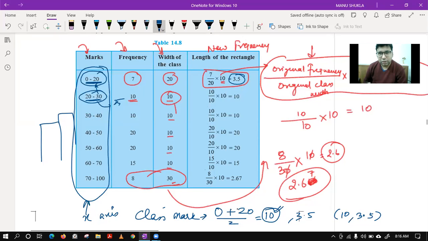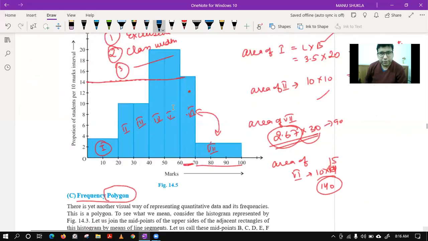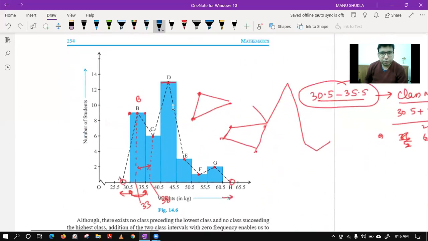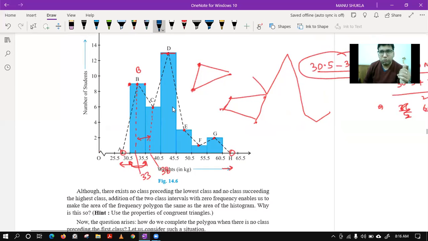Now see the graph for an idea. This one. So they have used a previous example for this histogram.